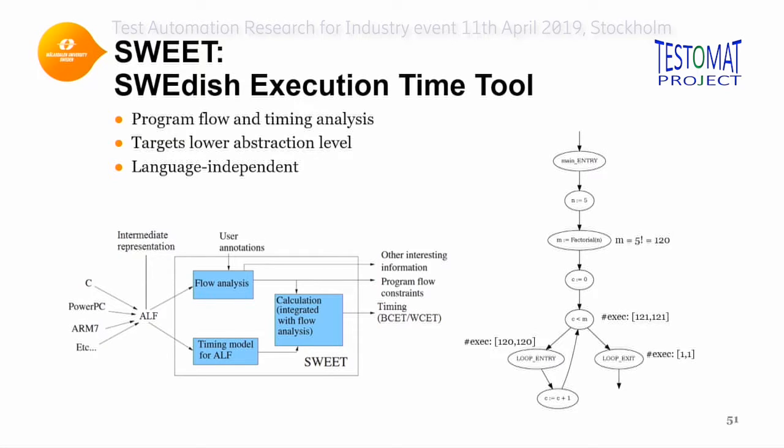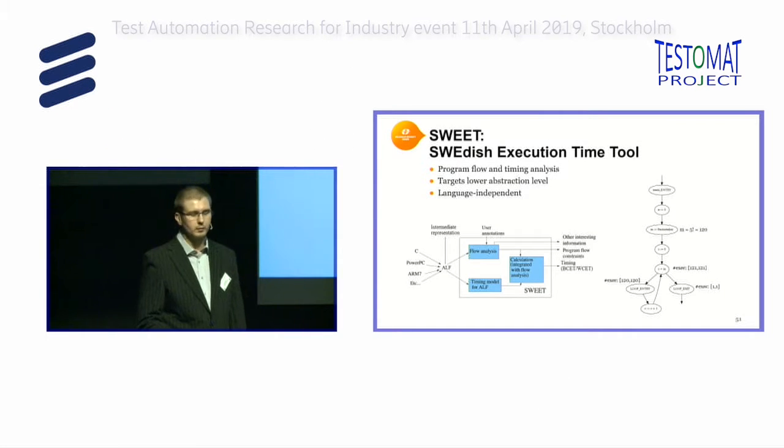This intermediate representation is on a quite low abstraction level. It's somewhat close to machine code. So there is a great difference between this and the kind of executable models that you would have.